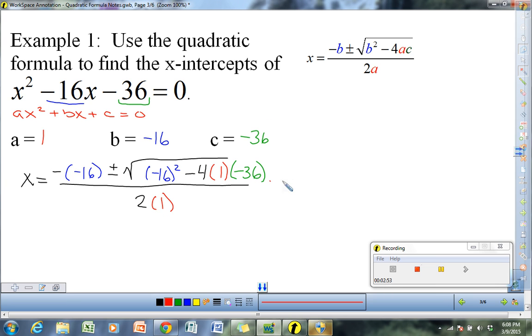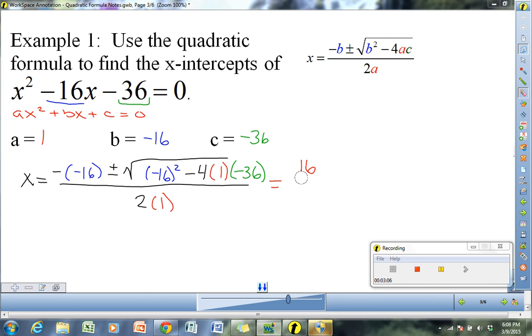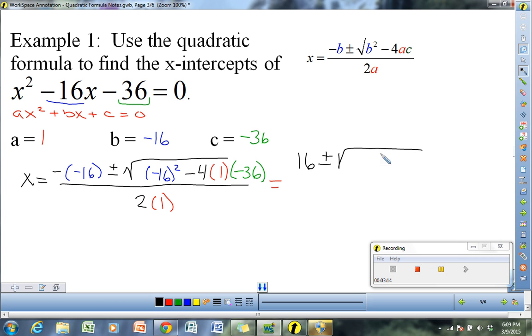Alright, now we're going to simplify this. So negative 16 is going to turn into a positive. So I'm going to have x equals 16 plus or minus the square root. 16 squared is 256, and you don't need a graphing calculator for that. You can do that on a computer calculator.